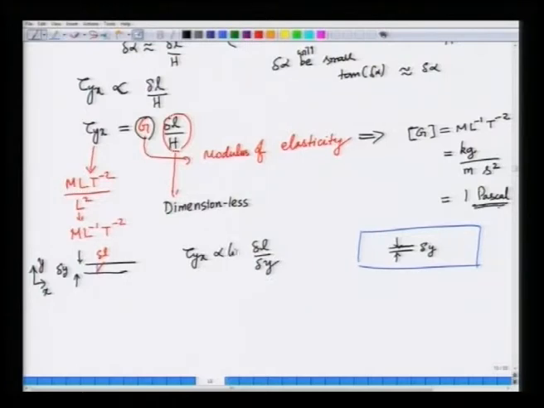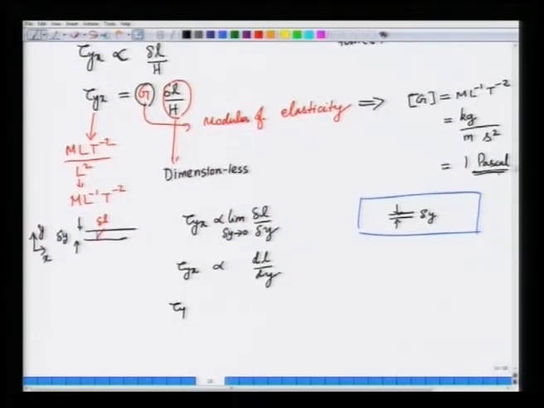In the limit, when the thickness of the slice goes to 0, this becomes a derivative in calculus. So, tau y x is proportional to dL by dy, and we can write this as a constant of proportionality times dL by dy. This is called the strain in the solid.